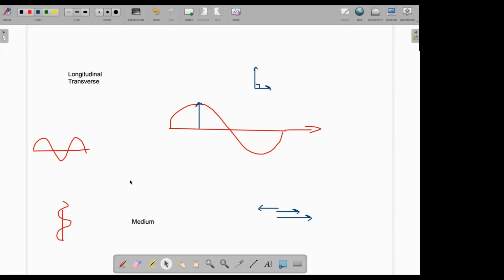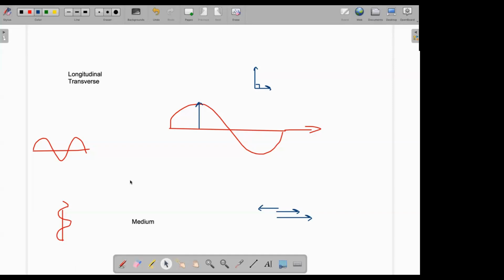Now, let me tell you what role this medium plays for a wave. Apart from one wave, all the other waves require a medium to travel. It's only the electromagnetic wave which does not require a medium to travel.